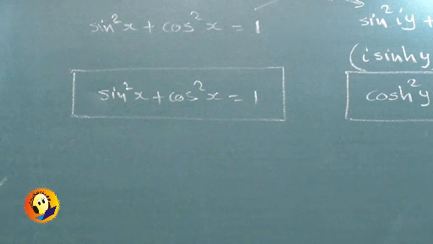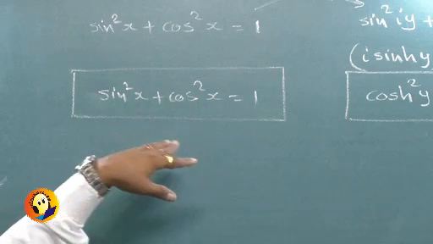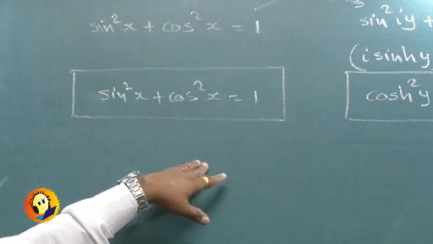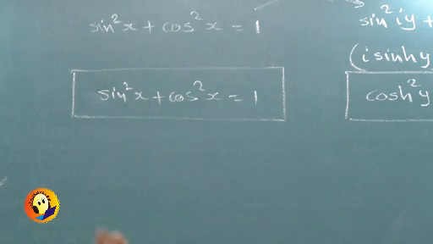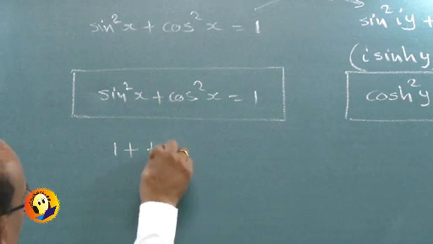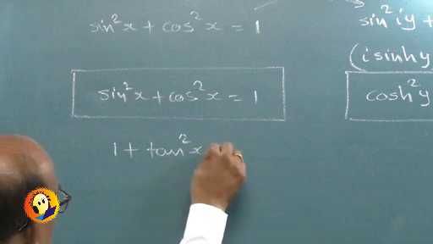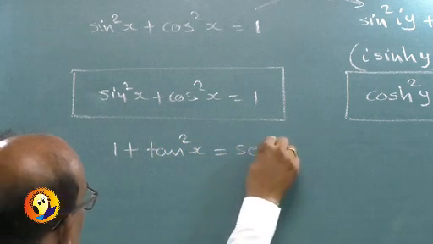Now our next identity was 1 plus tan square x equal to sec square x, right?